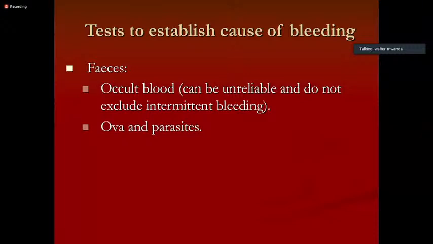We may also do urinalysis for hematuria or microscopic hematuria.